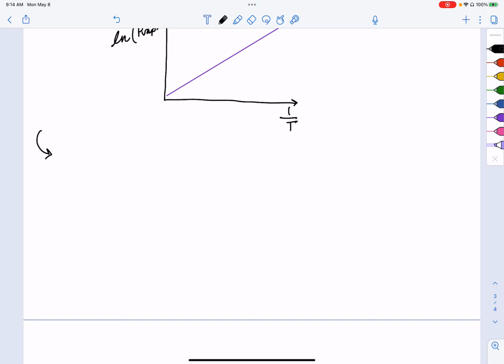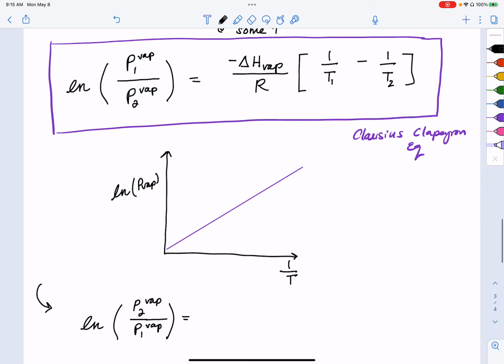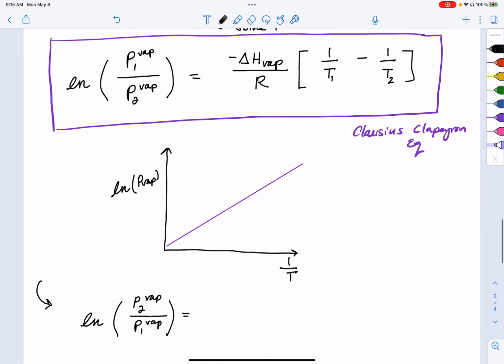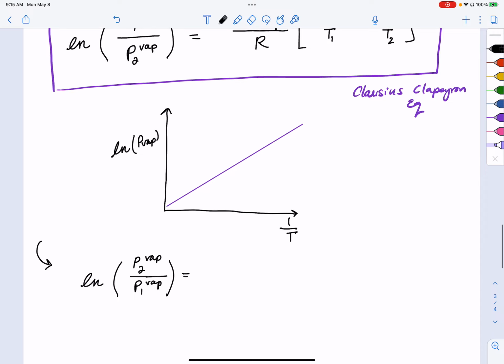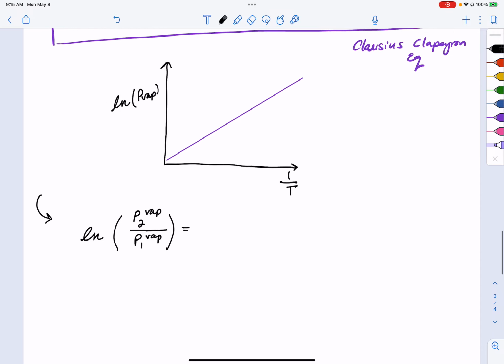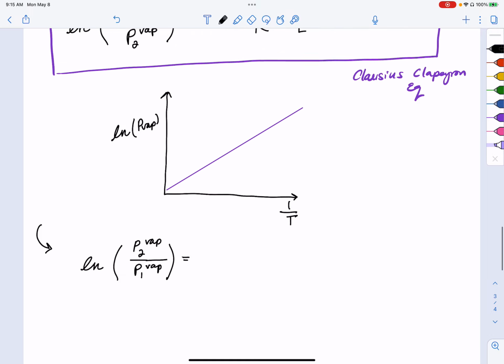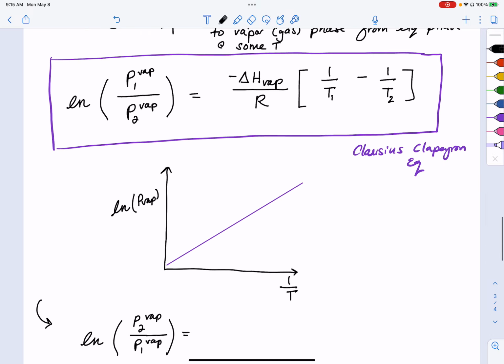So if we do the natural log of P2 over P1, so final over initial, that is going to be, let me see here. Do I have 1 over 2?